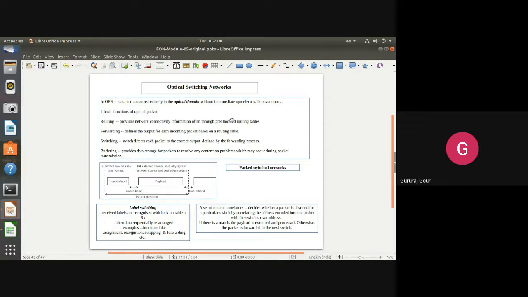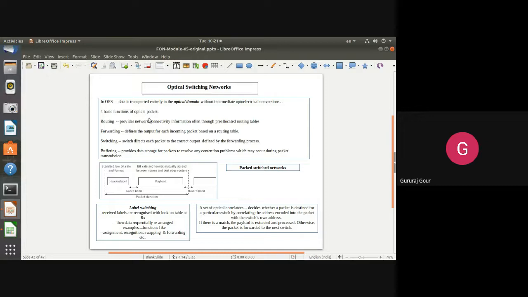So no intermediate nodes serve as converters between optical to electrical or electrical to optical. The total data is transmitted without any conversions, in the optical domain only.